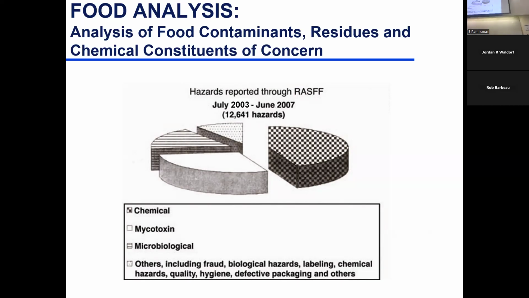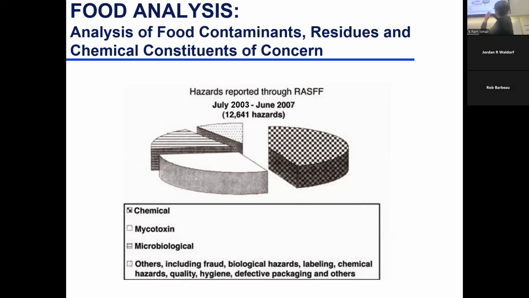Acrylamide is a chemical hazard. Then you have the toxins, the mycotoxins from fungal growth. And then you have the microbiology, which is all of those bacteria that can be present in your food. Of course, we're not covering the safety from a food micro perspective, but that's another category of hazard.